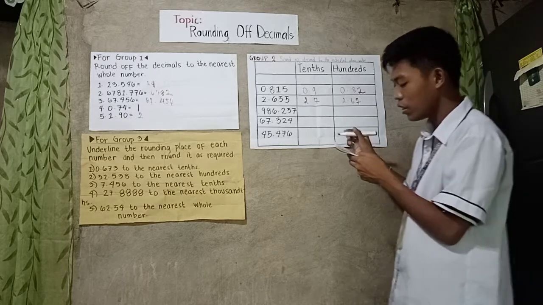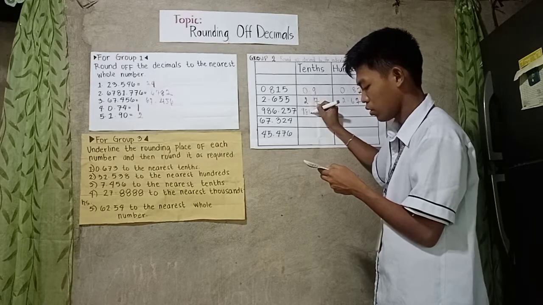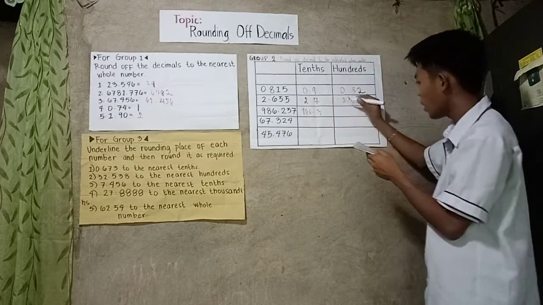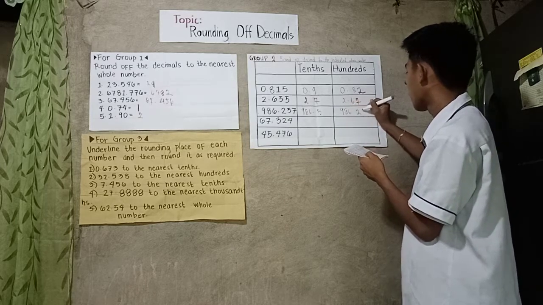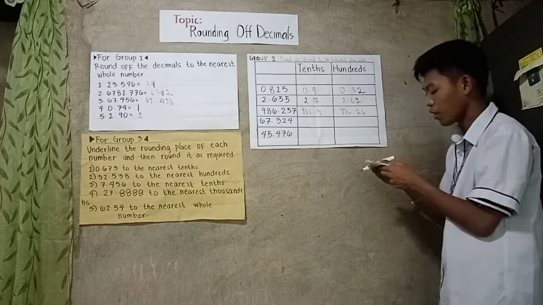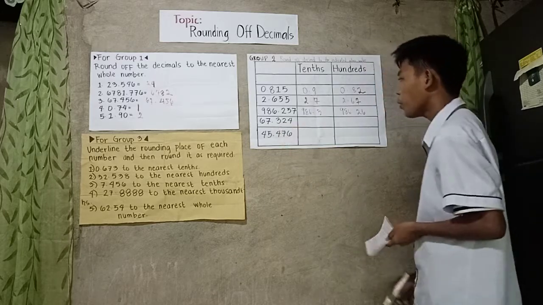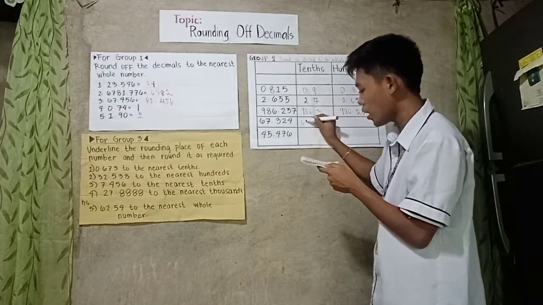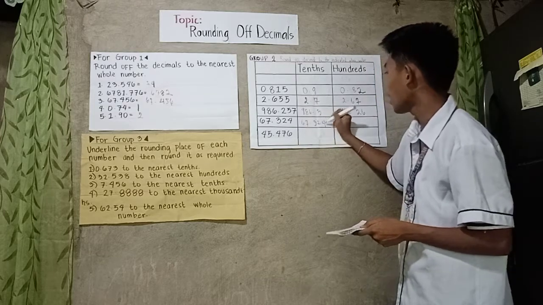The third one is 986.3 for tens. For hundreds, we have 986.26. Next is 667.324. We have here 67.324 for tens.